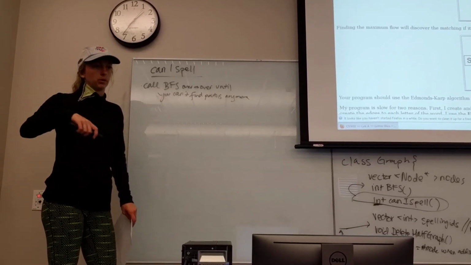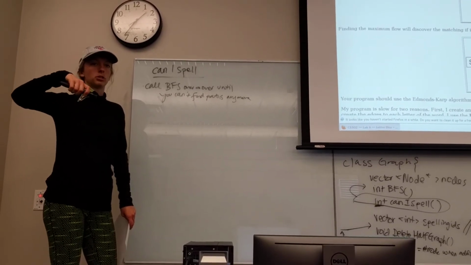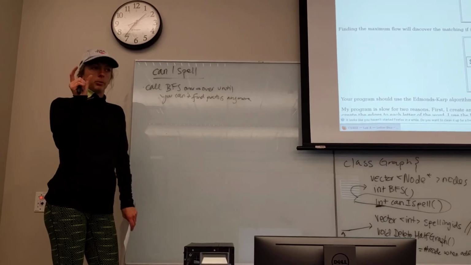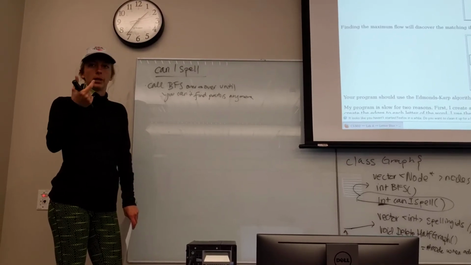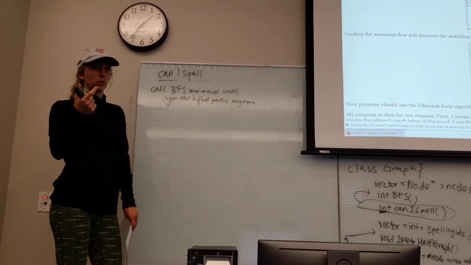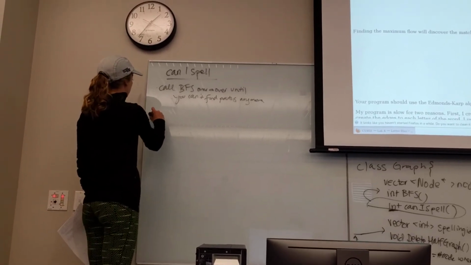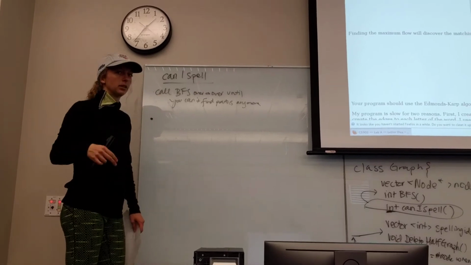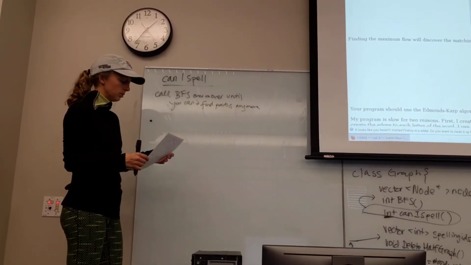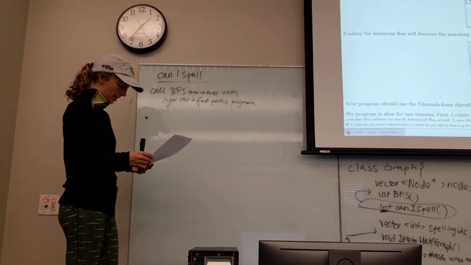So you can have a while loop of just calling breadth first search. And in that while loop, have the condition of while breadth first search found a path, it returns 1, then do all this stuff. So when you call breadth first search, it returns a path. You're in that loop to do stuff with that path.